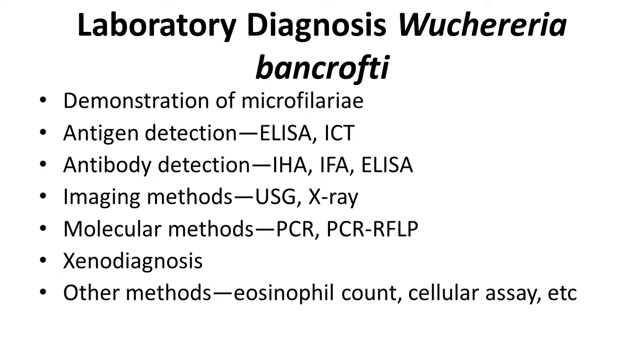Xenodiagnosis means by using the vector we can inoculate the suspected sample, so if any parasitic stage is present, we can see the parasitic stage in the vector by dissecting the vector. Other method, that means indirect method, is high eosinophil count. Normally in the case of parasitic infection, the eosinophil count is very high, and cellular assays we can use.